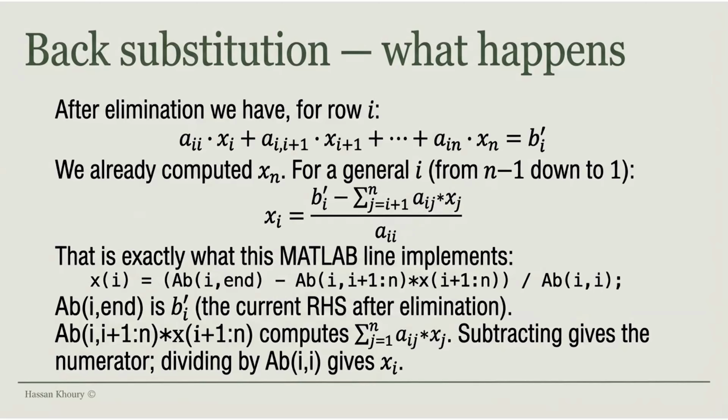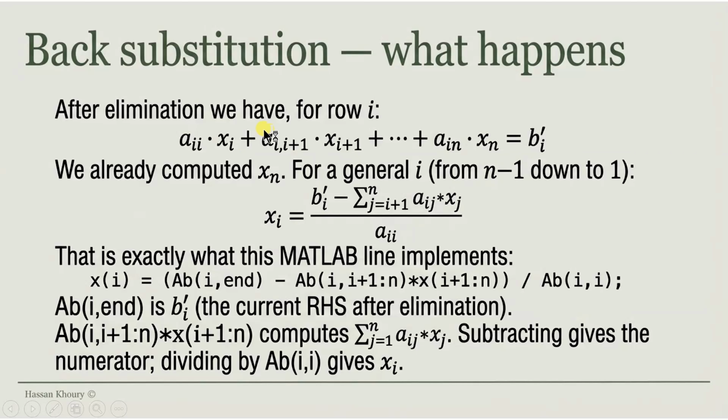for row I, a_ii times x_i plus a_i,i+1 times x_i+1, and so on. This is the equation for row I, and we have already computed x_n. So for general I from n minus 1 down to 1, how can we calculate x_i? x_i is equal to b_i minus, for example, we are calculating this one.